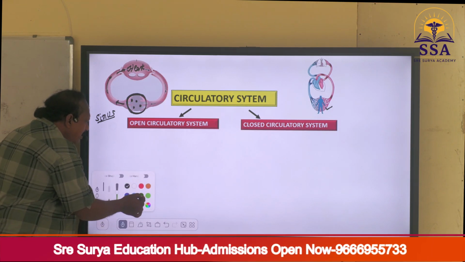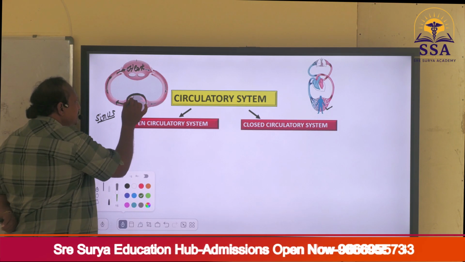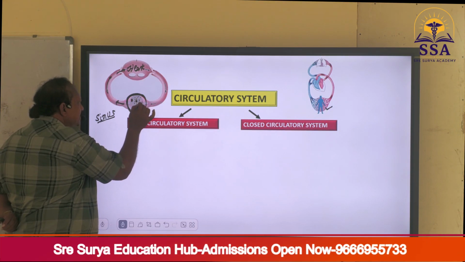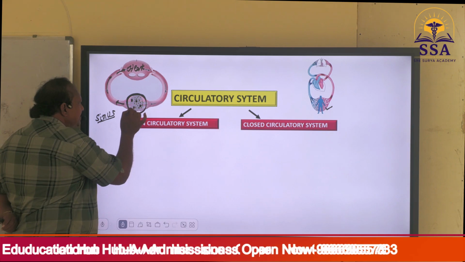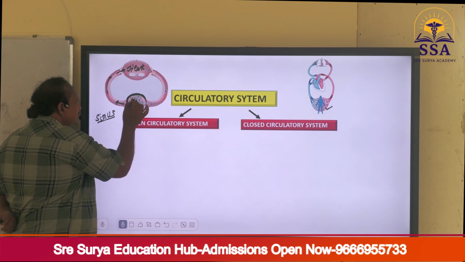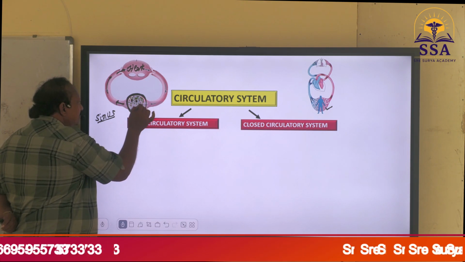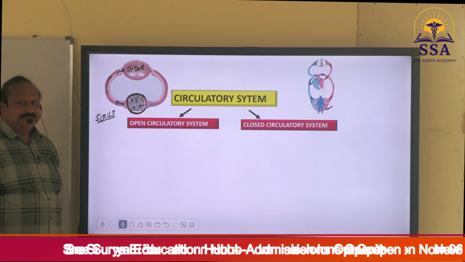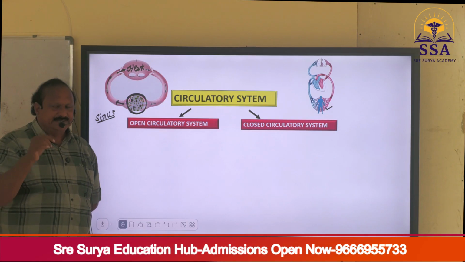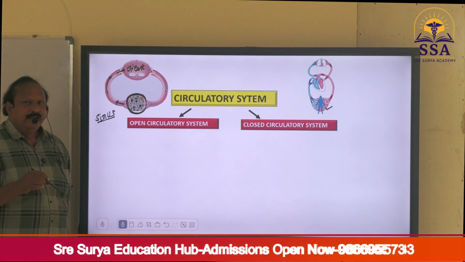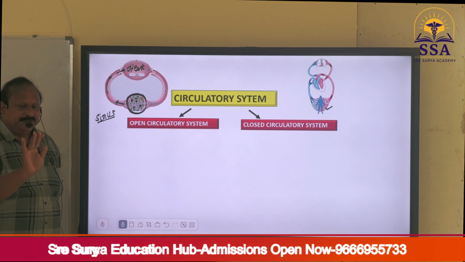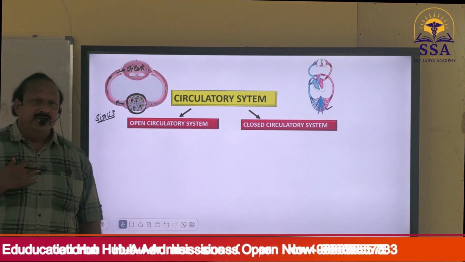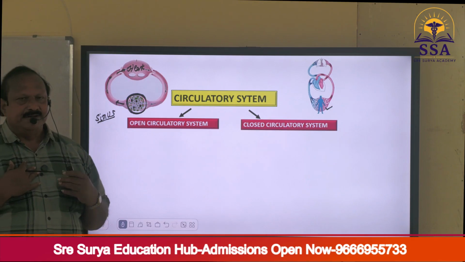Now, organs, this is blood. The blood touches the tissues and organs. What is the significance of the open circulatory system? The blood directly touches the organs. But in our body, we have the closed circulatory system.